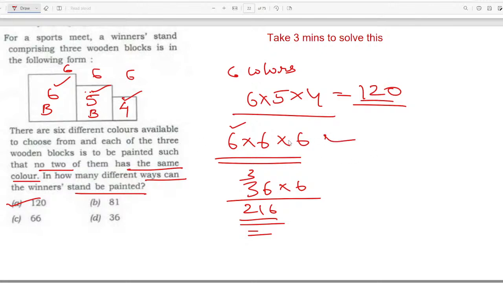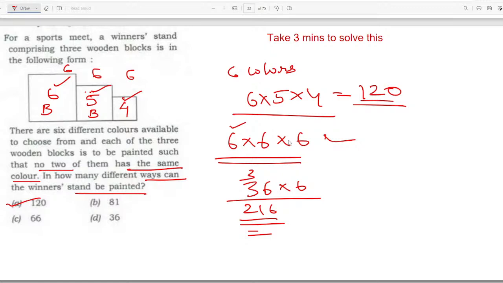I hope this is clear. If you have any doubts, please ask about this repetition and non-repetition. Okay. I hope this is clear to everyone. If you have any doubts, please ask.